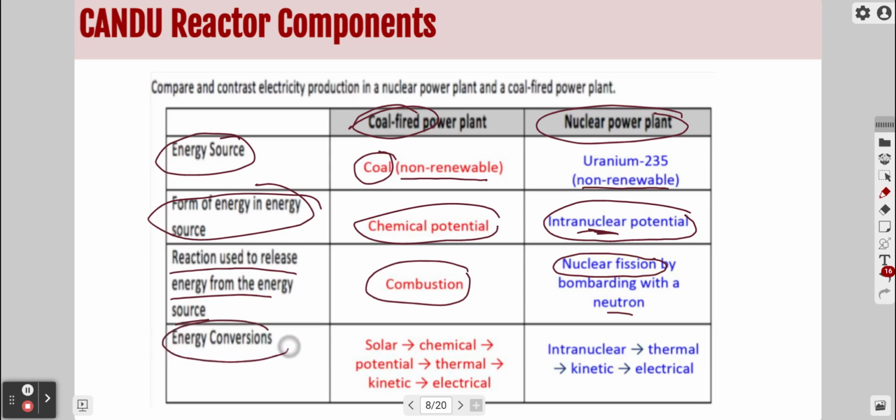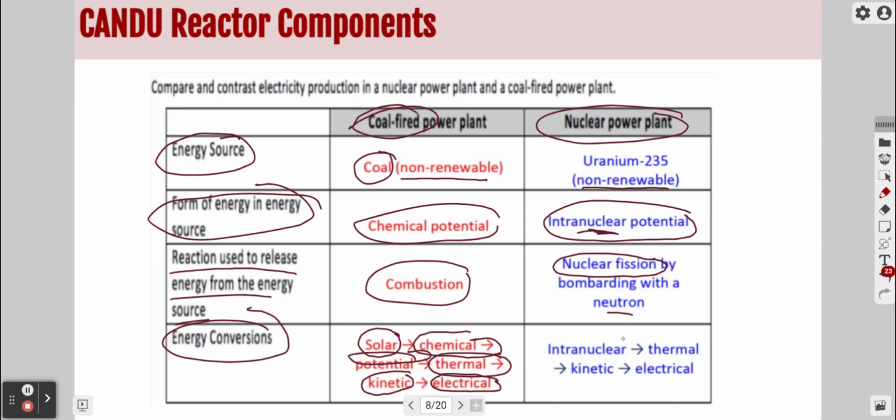And the energy conversions, make sure you can see the difference between these. So for coal, it starts with the sun because the sun grows the plants that the animals eat before they break down over time, long time pressure, and turn into chemical potential energy that we then burn and turn a turbine to get the kinetic, and that creates the electrical in the generator.